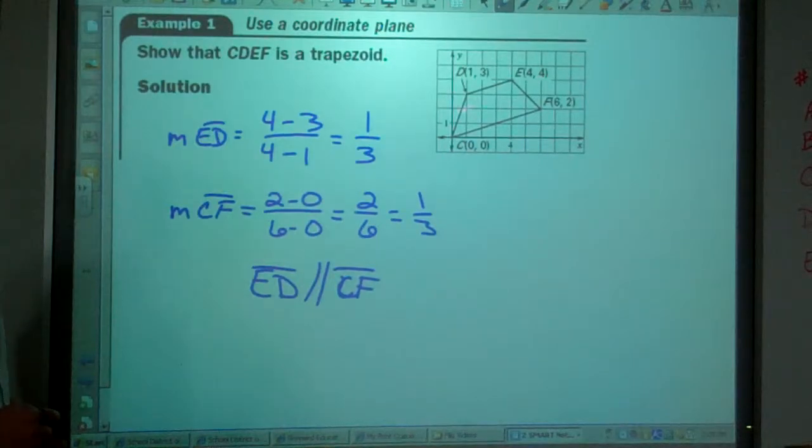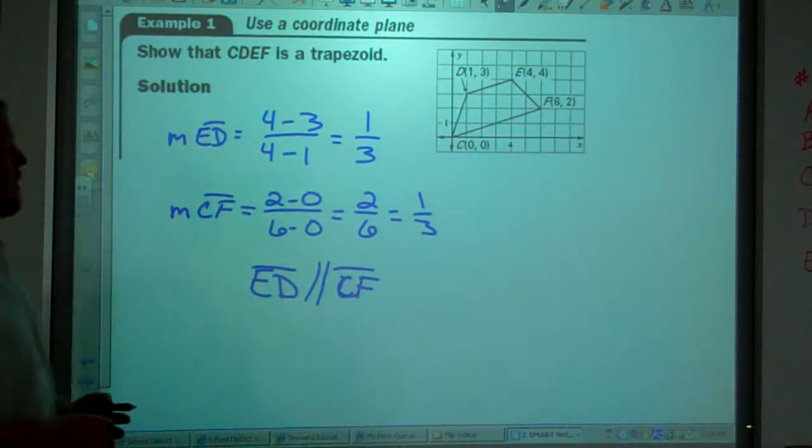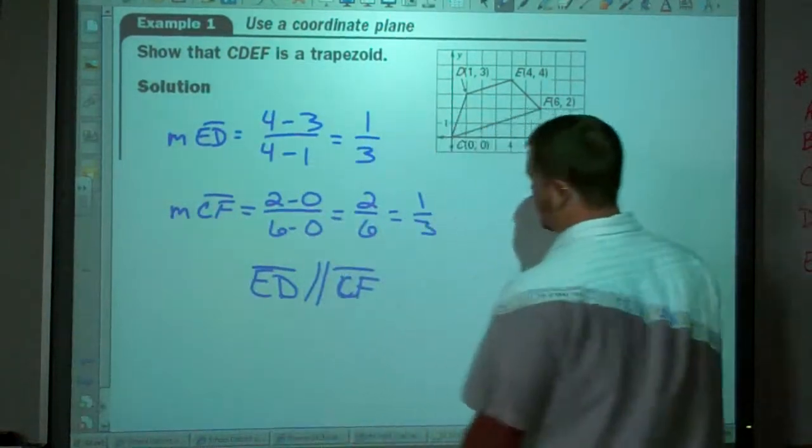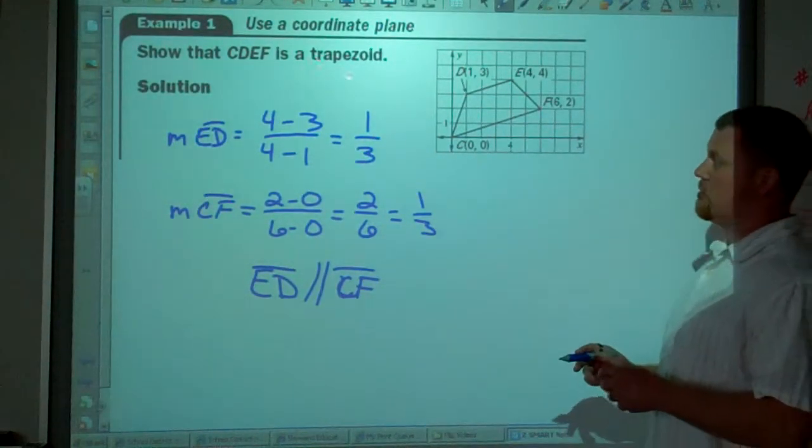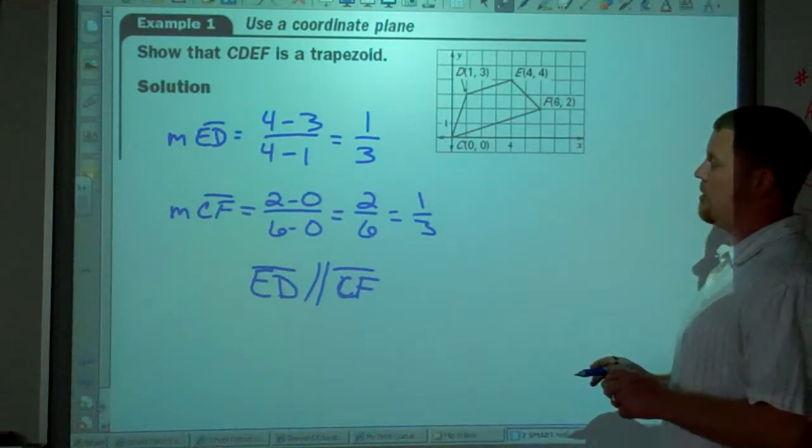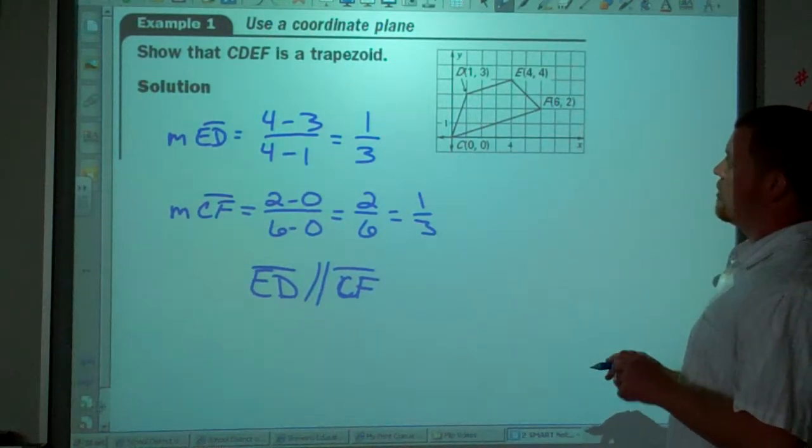Now the other thing we should look at is, is this a parallelogram versus a trapezoid? We'd have to look at the other two sides, segment CD versus EF, and are those parallel or not? Because in a trapezoid, there's only one pair of parallel sides. Those are parallel, but are these parallel or not?